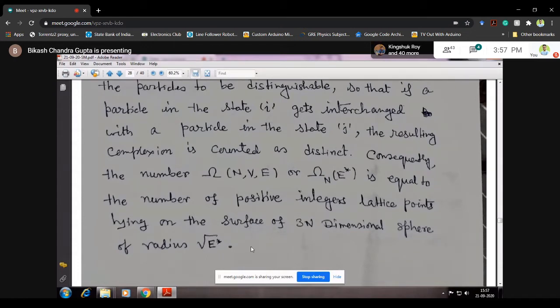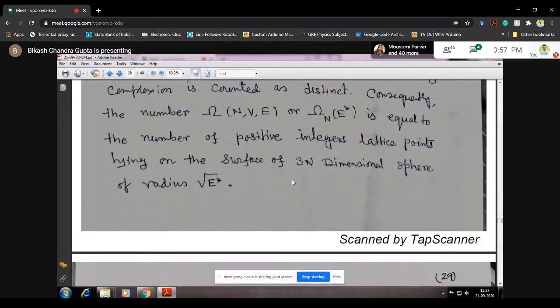Now you count all possible such states. Of course, again, I repeat that you have to be in the domain of the spherical surface where all the n's are positive integers. Okay, let's go ahead.